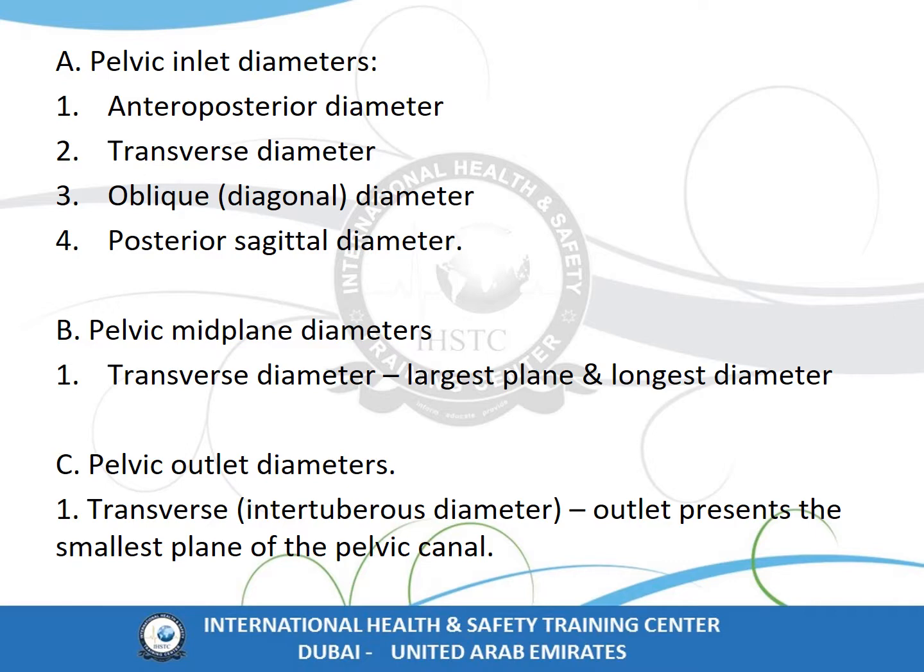The pelvic inlet diameters, as I mentioned earlier, include the anterior posterior diameter, which is the diagonal conjugate, the true conjugate, and the obstetric conjugate. The transverse diameter is the largest of the pelvic inlet diameters, located at the right angles to the true conjugate. The oblique or the diagonal diameter is not clinically measurable, and the posterior sagittal diameter is a distance from the point where the anterior, posterior, and the transverse diameter cross each other to the middle of the sacral promontory.